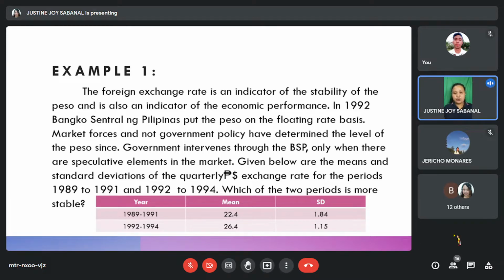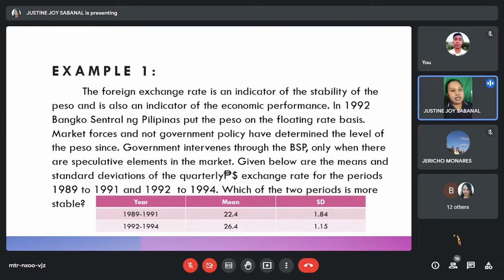So, which of the two periods is deemed to be stable? So, for 1989 to 1991, ang mean po nila ay 22.4 at ang standard deviation is 1.84. So for the period 1992 to 1994, the mean is 26.4 and a standard deviation of 1.15.